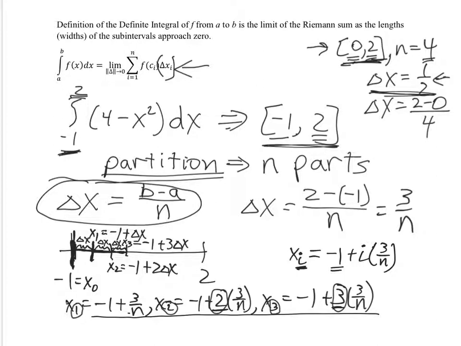X sub I in general, no matter what we're dealing with here, we're starting at A and we're adding so many of the delta x's. If you can keep that in mind, that is a quick shortcut in getting what x sub I represents.